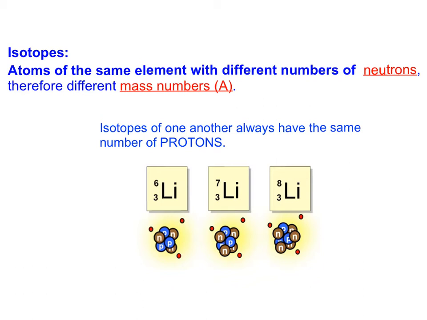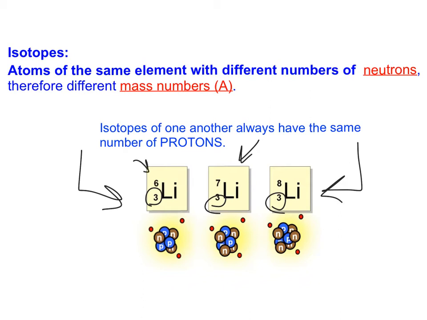Here's one example of 3 of the same element that all have different isotopes. I have lithium-6, I have lithium-7, and I have lithium-8. They're all lithium because they all have 3 protons. That's what defines lithium as lithium. What makes them a little bit more unique is that mass number, the number of neutrons.